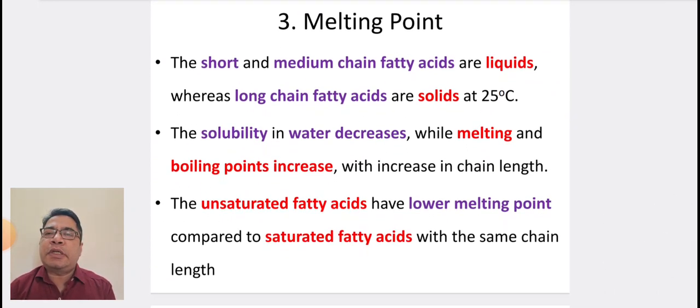The short and medium chain fatty acids are liquids, whereas long chain fatty acids are solids at 25 degrees centigrade. The solubility in water decreases while melting and boiling points increase with the increase in chain length. The unsaturated fatty acids have a lower melting point compared to saturated fatty acids with the same chain length.